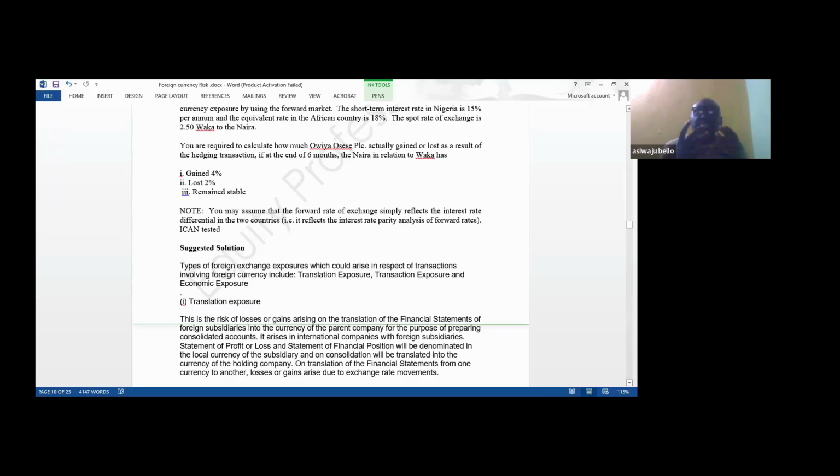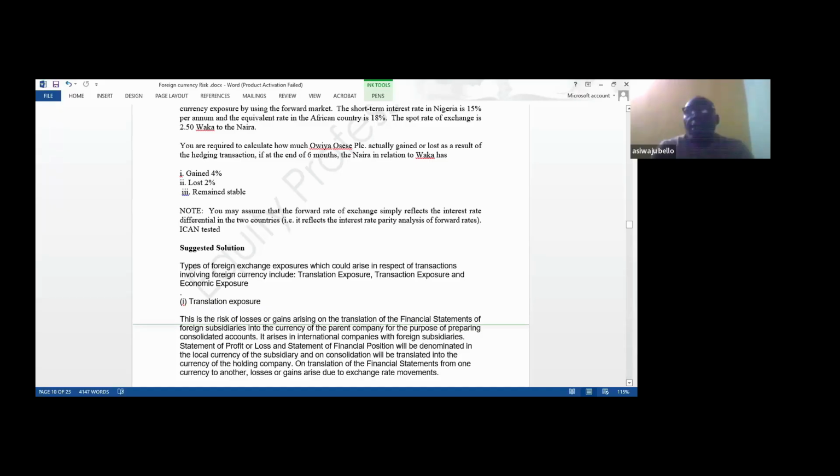The intent of hedging is not to make profits or to make loss, but to remove uncertainty surrounding currency fluctuation.